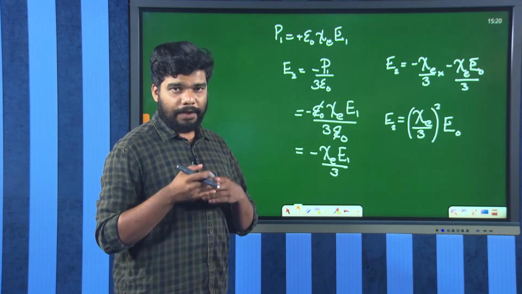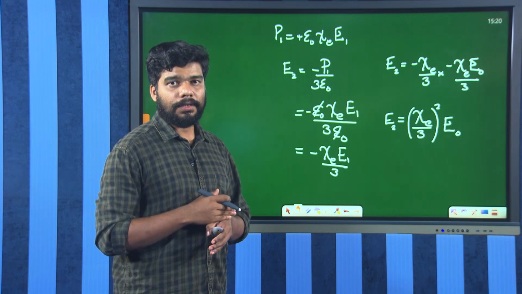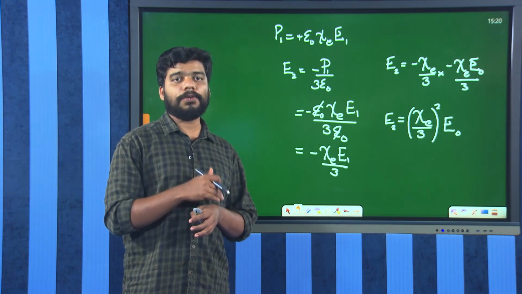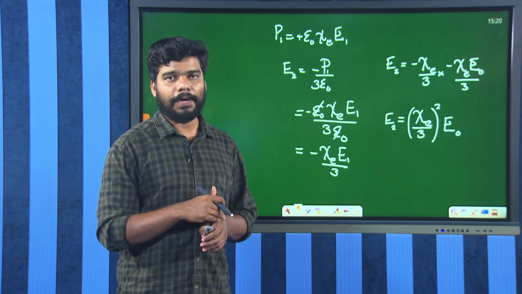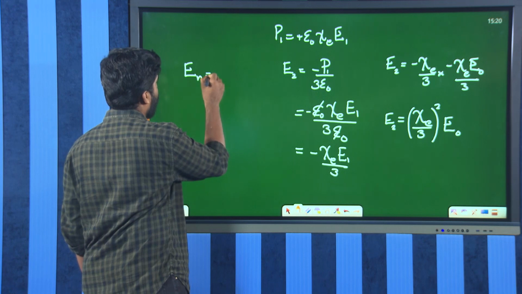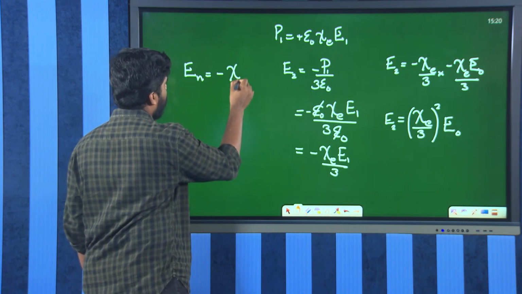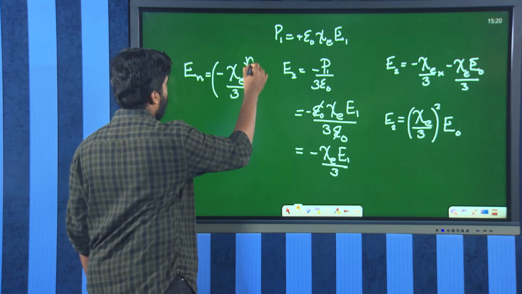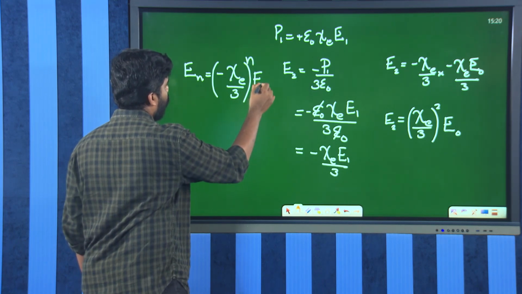So the effective electric field, or the total electric field due to the contribution of n polarizations, is given by En is equal to minus chi e by 3 whole raised to n, times E0.